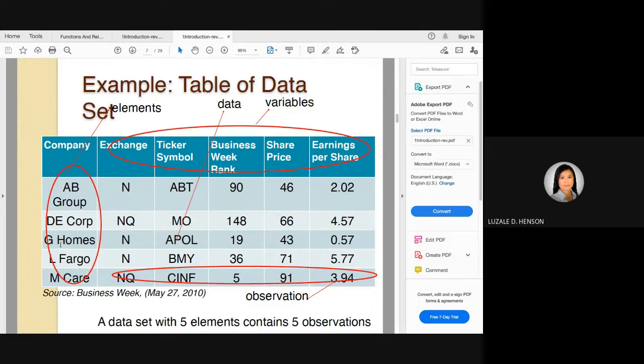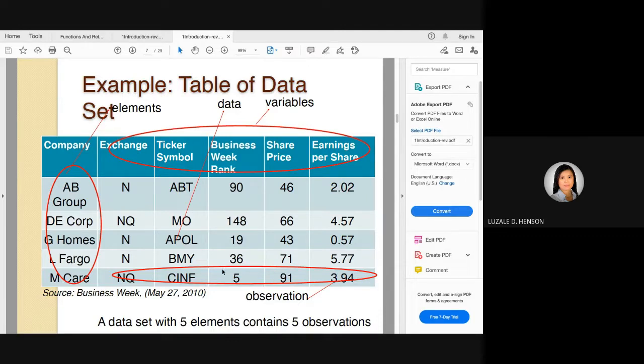For example, under GC Homes, wherein the ticker symbol is APOL, and that is a data. And for one set of data, one set of observation, that is called an observation. Because for one entity or one element, you have various variables corresponding to this, so you call that observation.